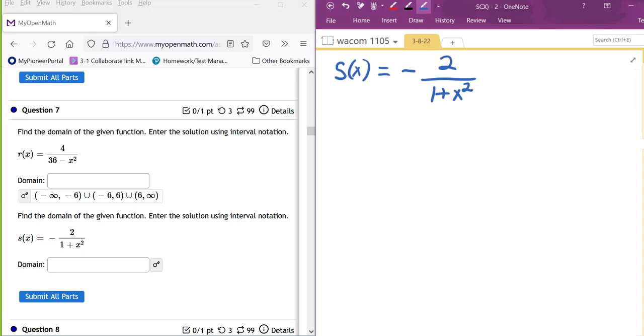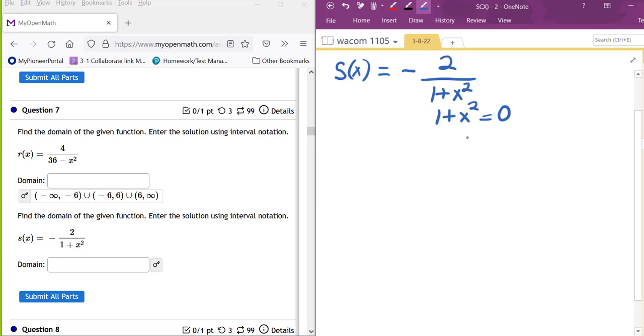So if we try to solve this denominator, when is this denominator equal to 0? We can't do a difference of squares because this is plus. It has to be minus to do difference of squares. And so we can solve with the square root method.